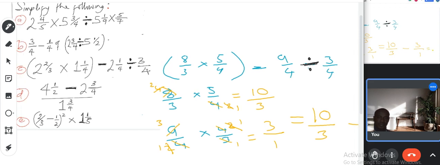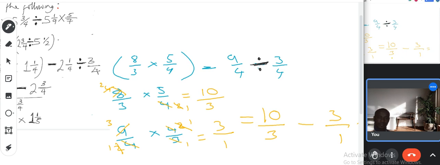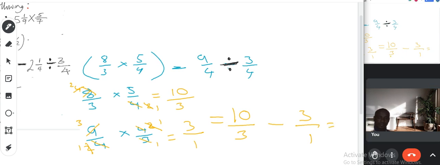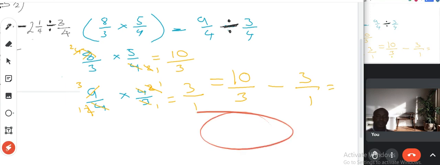Interesting. You can write the answer below this. You don't have enough space. Finish it up below. Yeah.